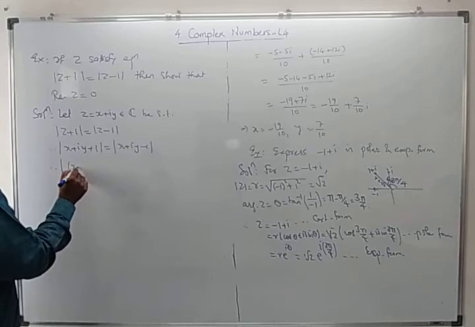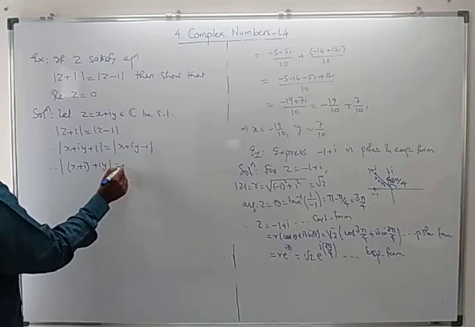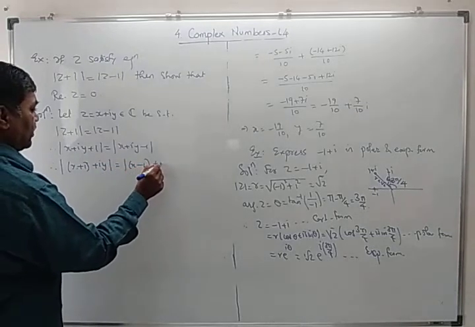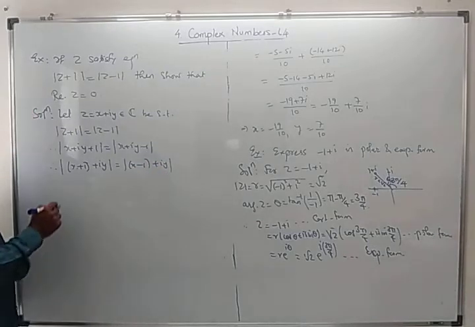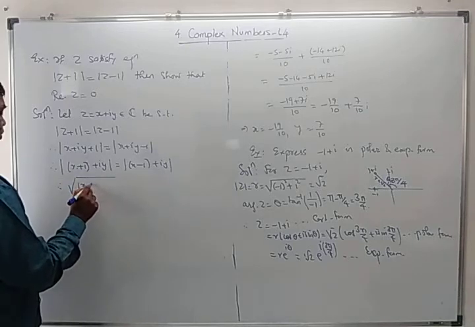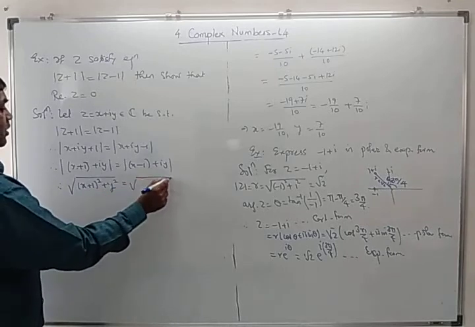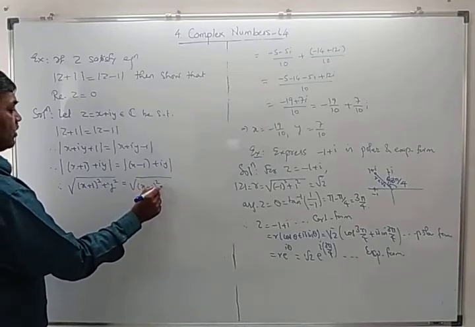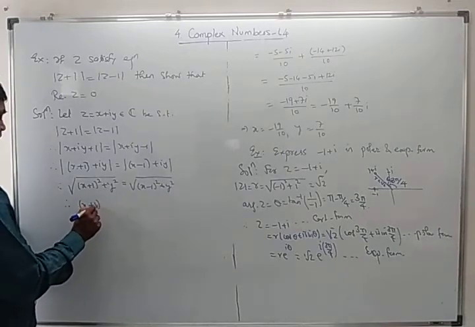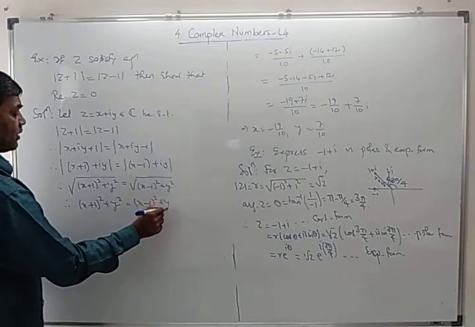Mod of (x + 1) + iy is equal to mod of (x - 1) + iy. So therefore, √((x + 1)² + y²) = √((x - 1)² + y²). Therefore, (x + 1)² + y² = (x - 1)² + y².